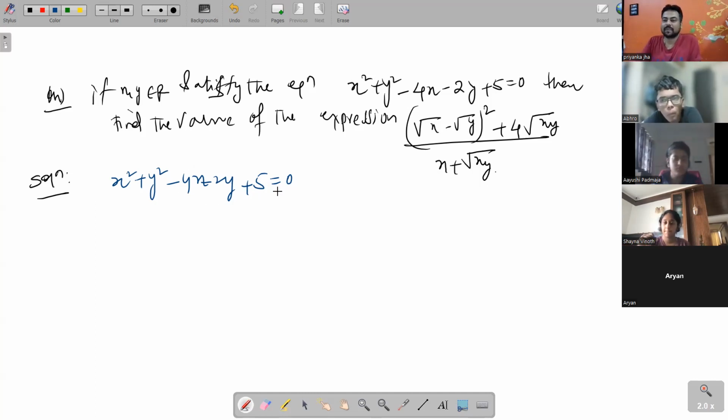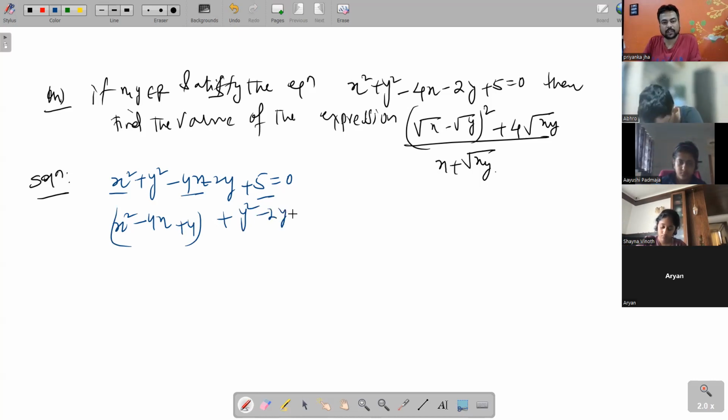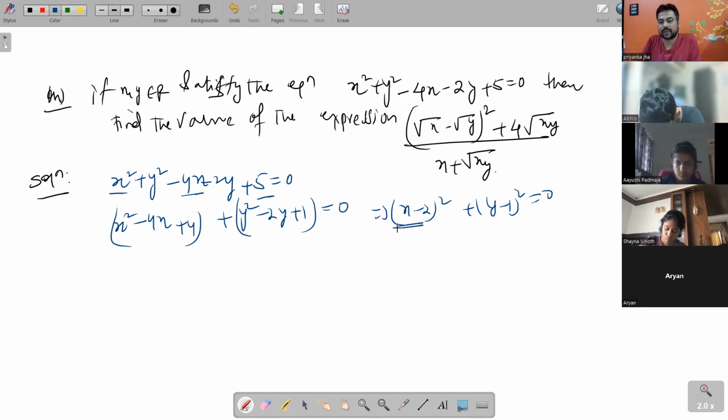See, just to make the perfect square: x squared minus 4x, take 4 from here, and then y squared minus 2y and plus 1. From here we can see that this can be written like this. Now you can see that this is also a perfect square.